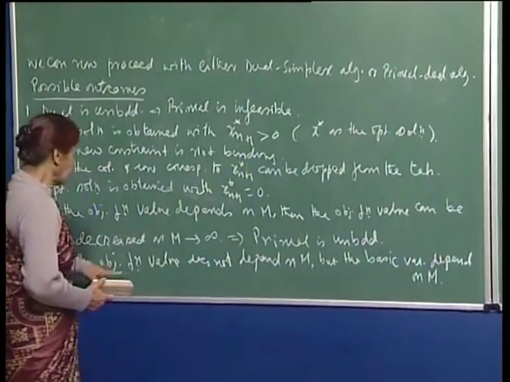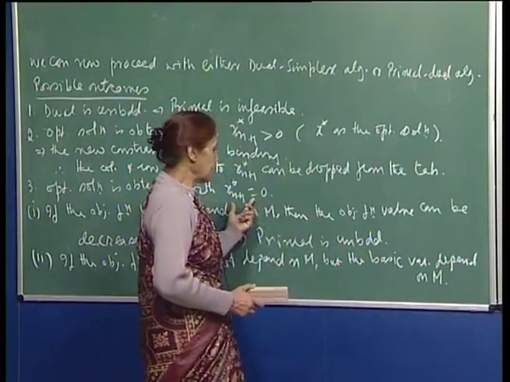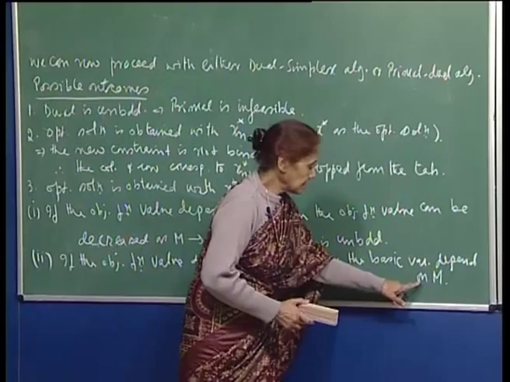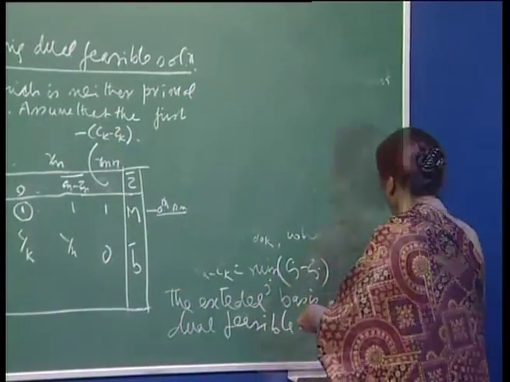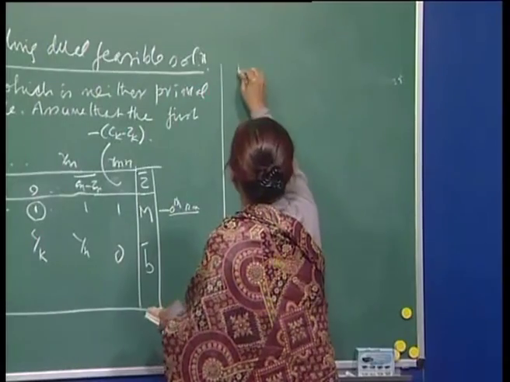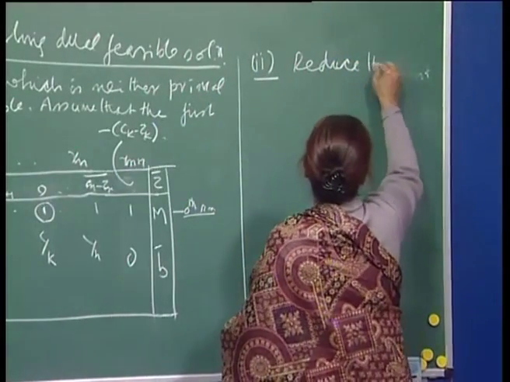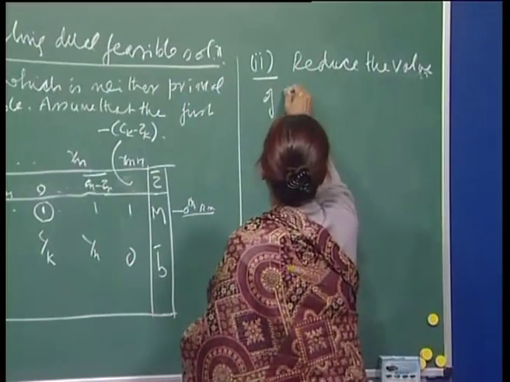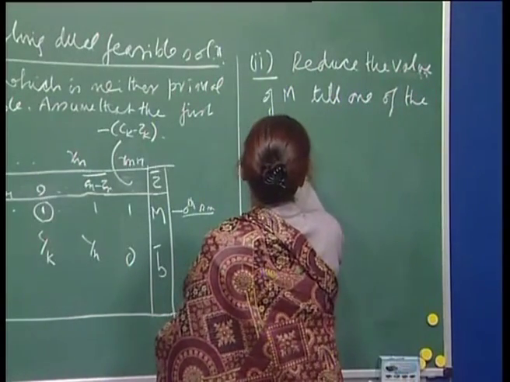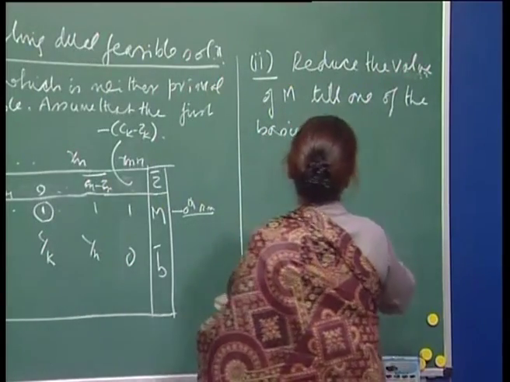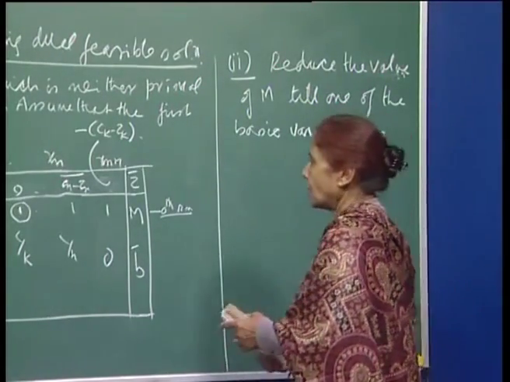In any case, if the objective function value does not depend on M, but the basic variables may depend on M because the constraint is binding, then we can reduce the value of M. So in this case, I am arguing about case 2: reduce the value of M till one of the basic variables, or maybe more basic variables, becomes 0, because the constraint is binding.